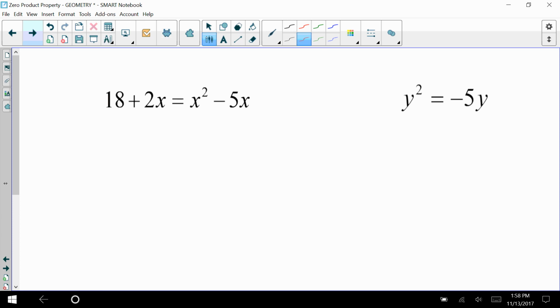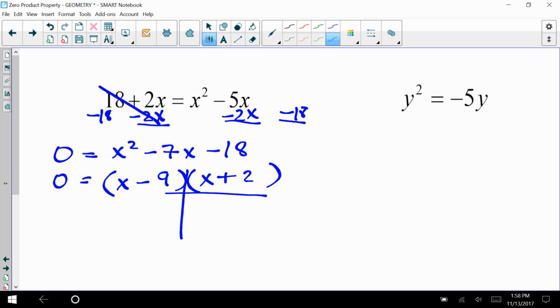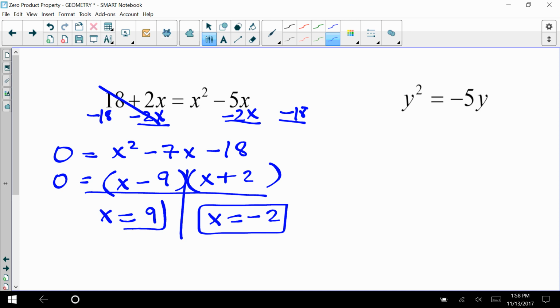Okay, so I want you to pause and I want you to solve each of these. So you have to rearrange in standard form. So we should get x is 9 and x is negative 2 for that first one.